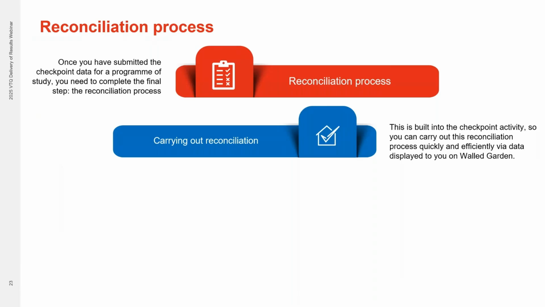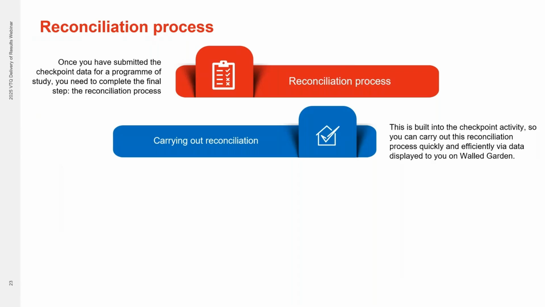As I mentioned before, what will happen is when you've submitted the data for a qualification, our system will review that data overnight to check whether the students who are intending to complete their qualification in August are able to do so based on the current assessment entries that they've got.